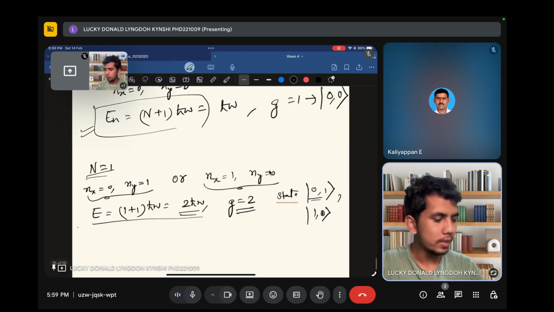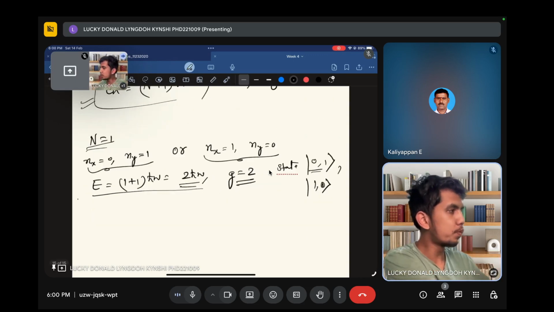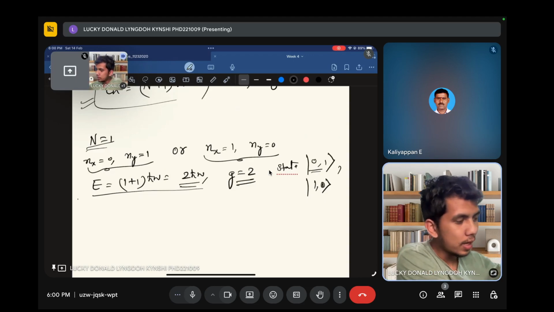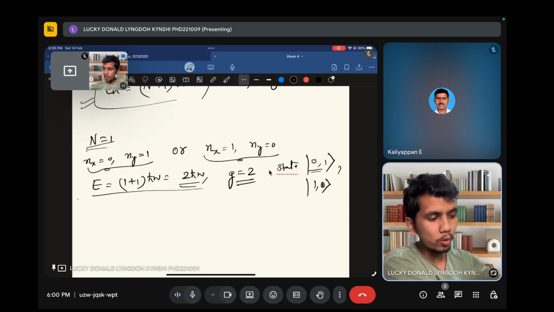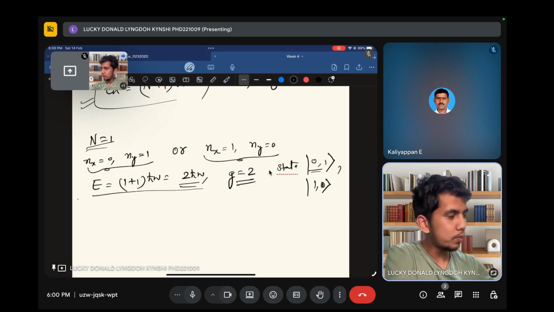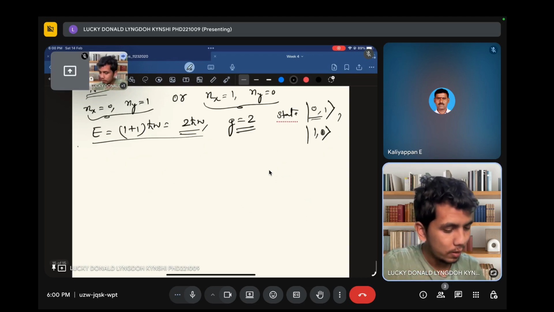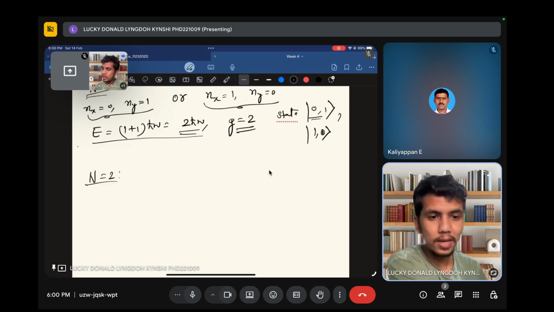Yeah, so that is your first question. That means you calculate what is the energy state, and also what are the possible degeneracies. And if you want to calculate the next higher energy state, n is equal to 2.